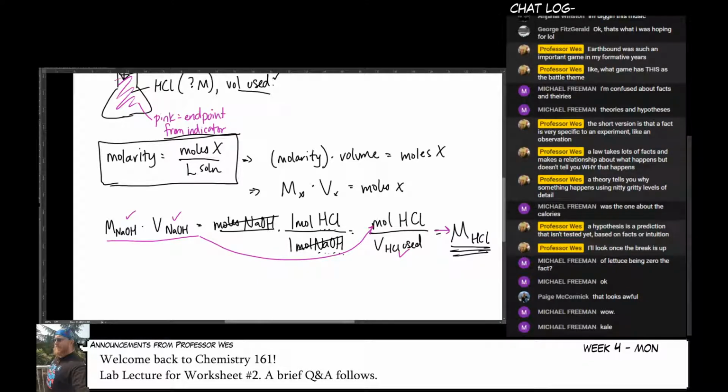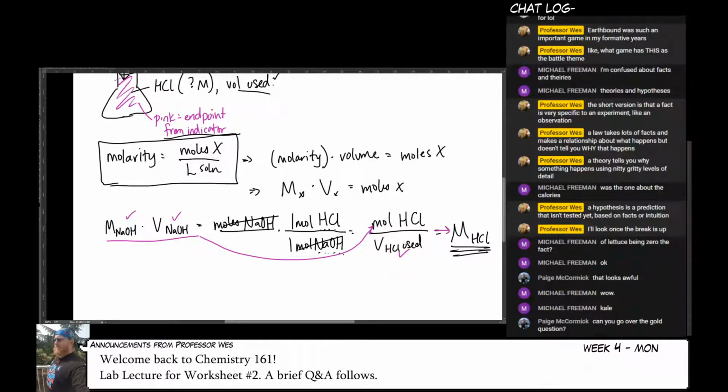Oops, I almost changed the quiz. I do not want to do that. And then the other question, where is it? There it is. Can I go over the gold question? Which question is the gold question? Is it the gold coins question?